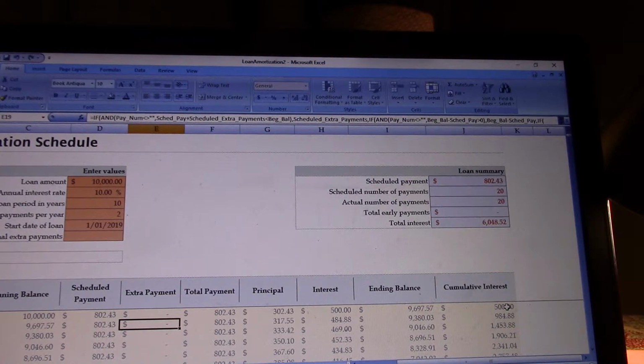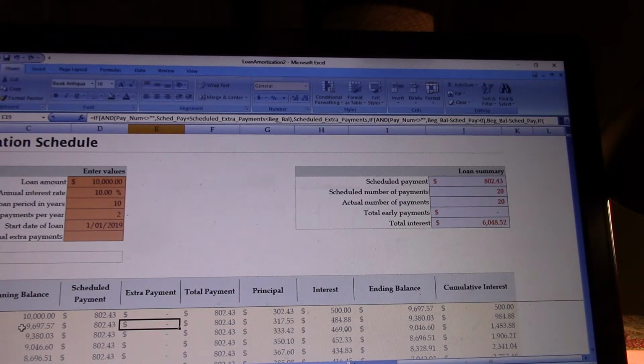The interest you paid after the first payment is $500. Now your debt will be $9,697.57. You see the ending balance of the previous period equals the beginning balance of the next period. You carry over the debt from the previous period.